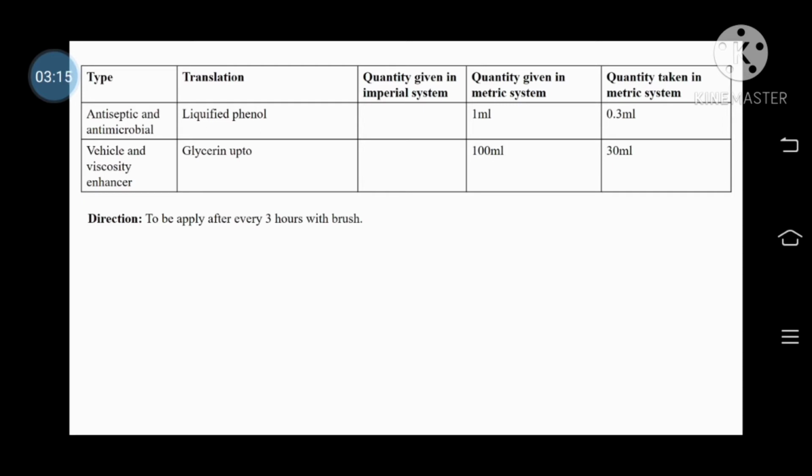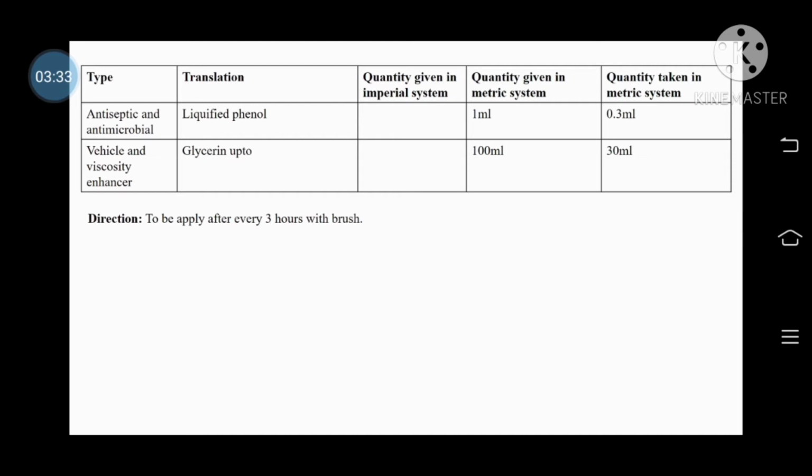Glycerin, used up to 100 ml, is used as a vehicle and it enhances the viscosity of the preparation. For 30 ml, we will use up to 30 ml.